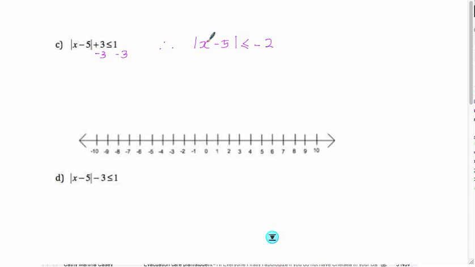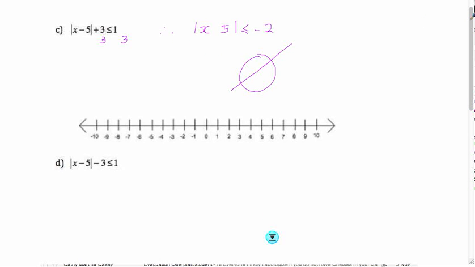That does not mean x cannot be negative. X is allowed to be negative, but you cannot have a negative distance, which is what this represents. So this is a relatively quick example because the answer is empty set or no solution. It is not possible to solve this absolute value inequality.